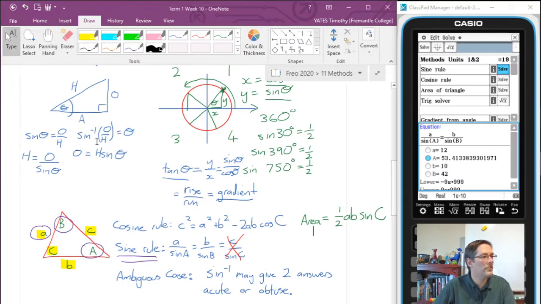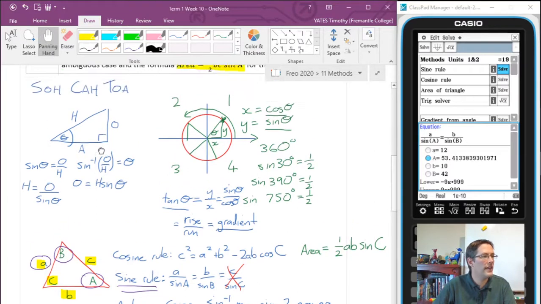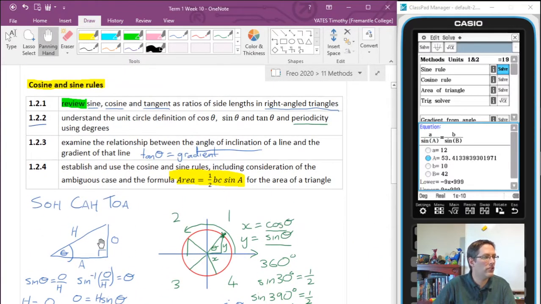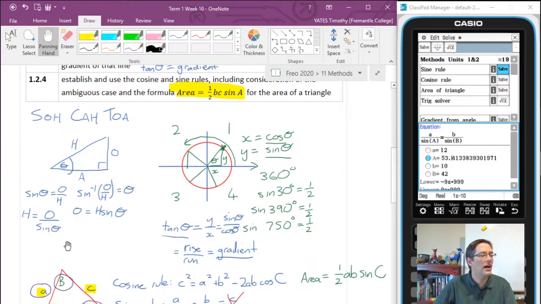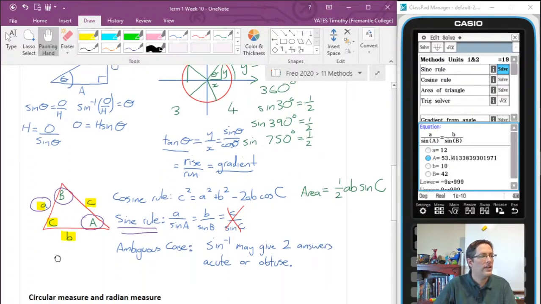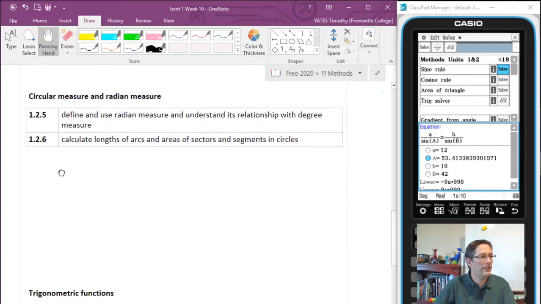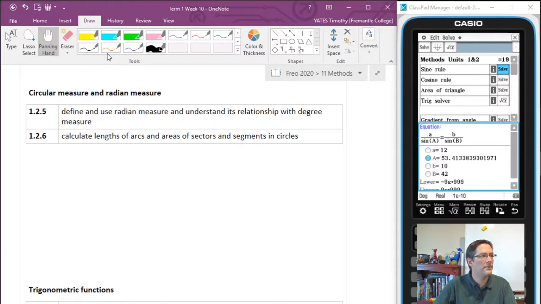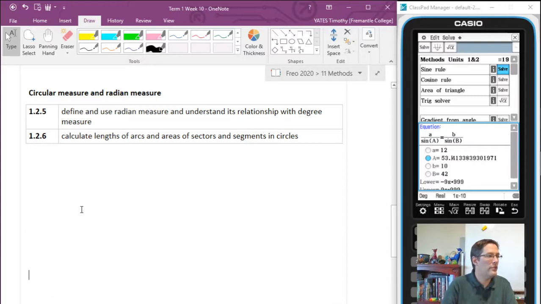So in a nutshell, that is all of our cosine and sine rules, at least while working with degrees. Next up, we've got circular measure and radian measure. When we're using circular measure and radian measure, remember that a number in degrees can be converted to radians.